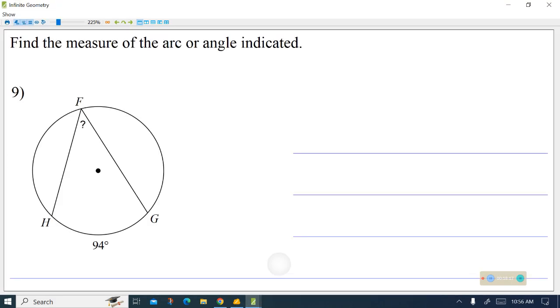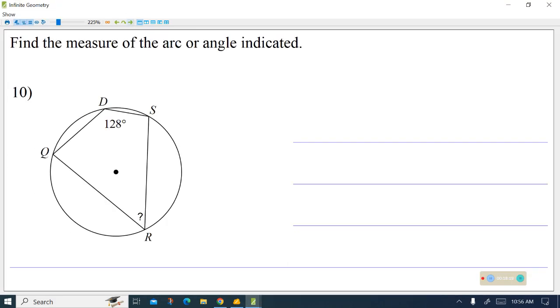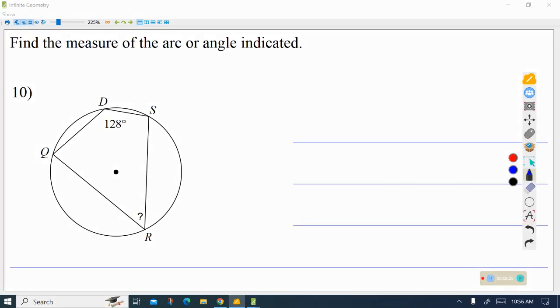Now we take a look at number 10, and I'm guessing this is not a one-step problem. This is a little more complicated. But I think you're going to start to get an instinct for what's happening in these situations. If we look at this 128 degree angle, we're going to darken that and see that it touches in those 2 places.